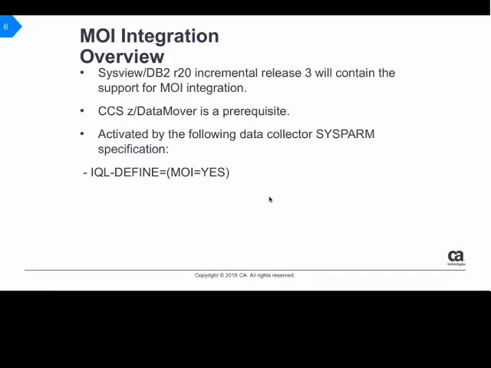Once you have these two components installed, activating the feature is as simple as flicking a switch. A SYSVIEW DB2 sysparm called IQL define is updated with the value MOI equals yes. And when you bring up SYSVIEW for DB2, data will begin flowing to MOI. Next slide, please.